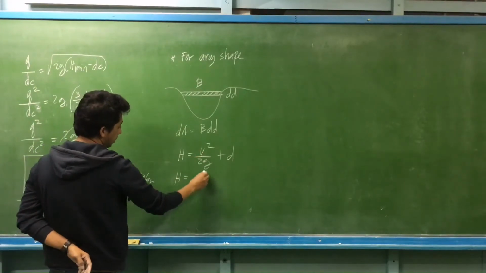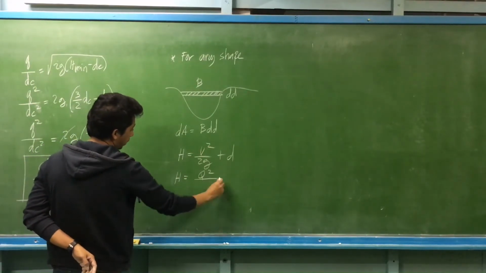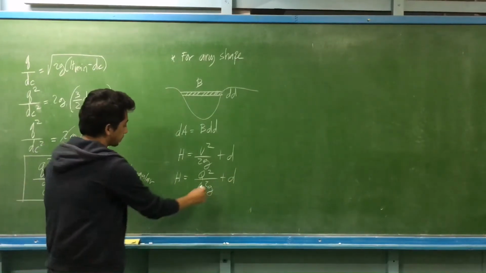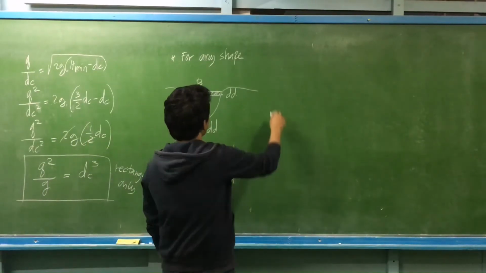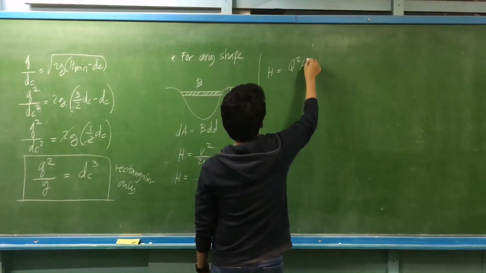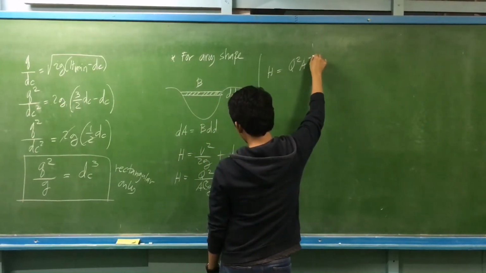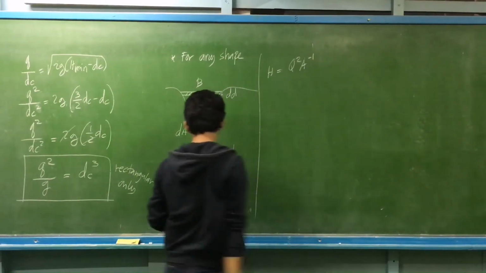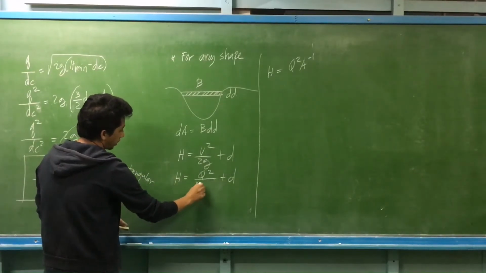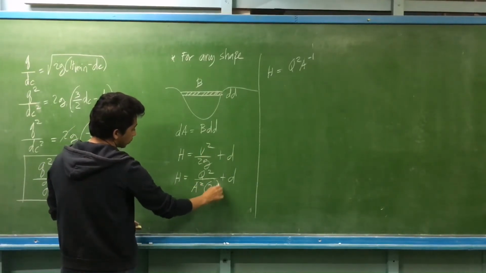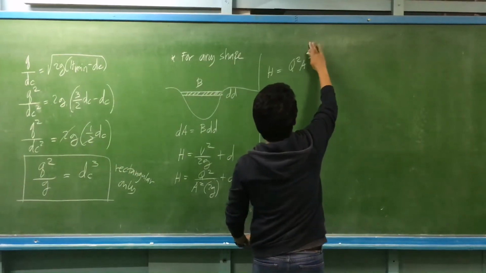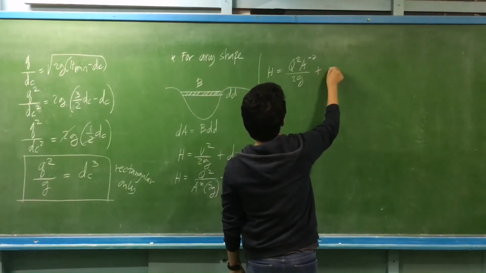H, the velocity, is discharge squared over area squared, over 2G, plus D. So this is the same as H is equal to discharge squared, area squared divided by 2G, so this is raised to negative 2, divided by 2G plus the depth.